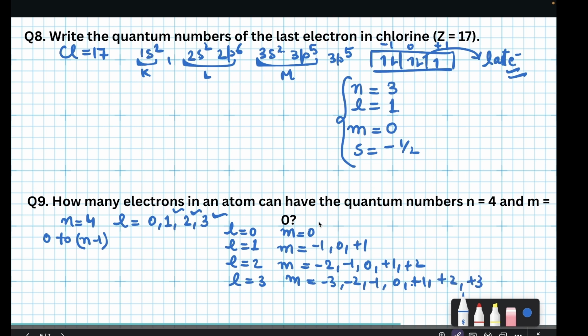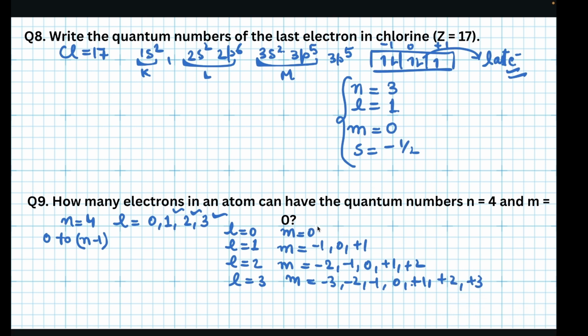So here we can see that there are 4 orbitals for which m is equal to 0 is possible. So total 4 orbitals with m is equal to 0.